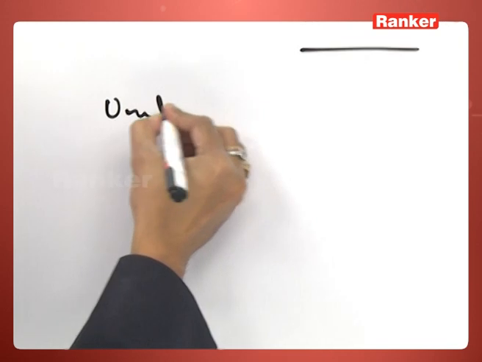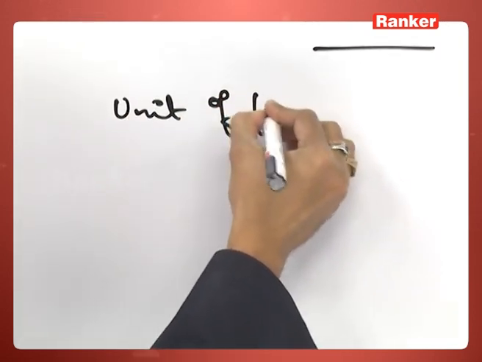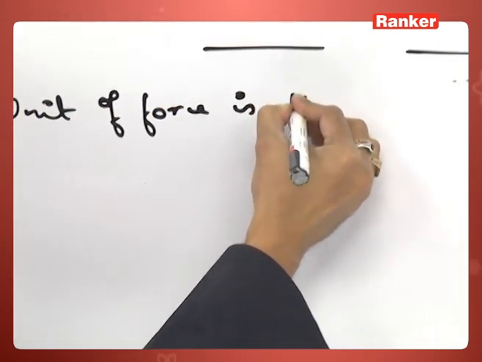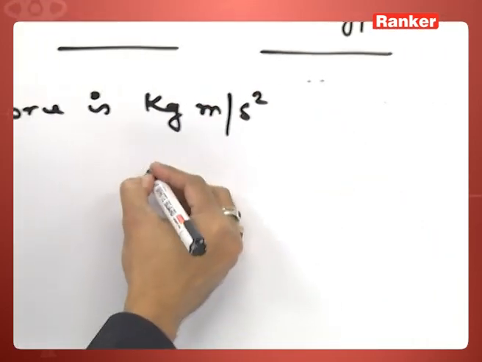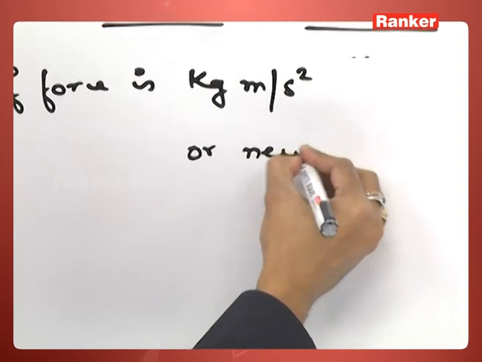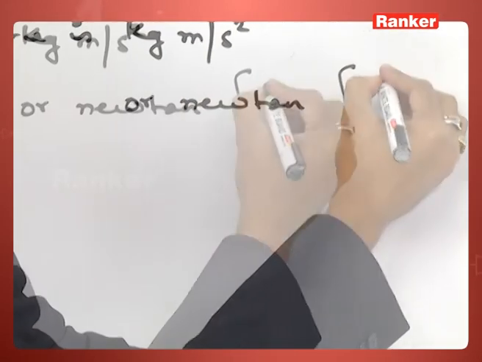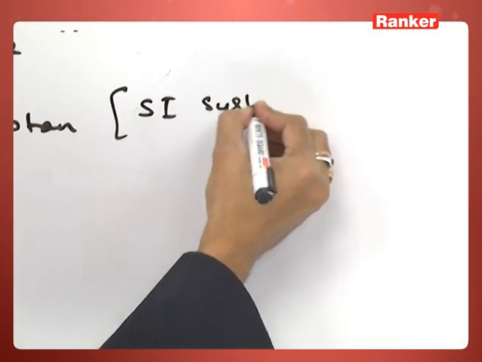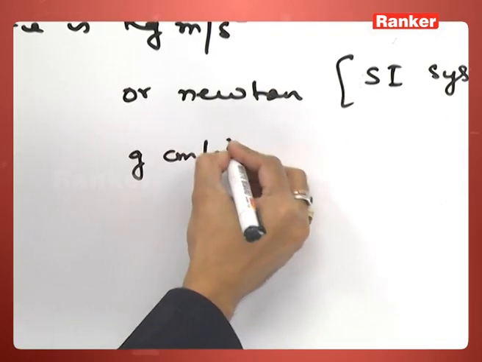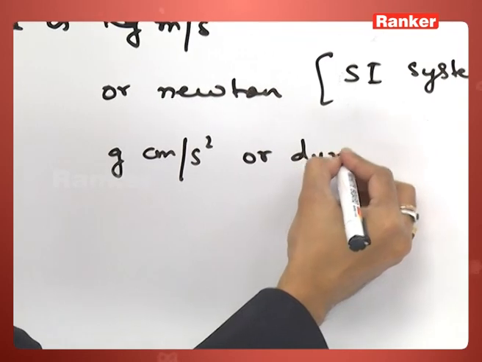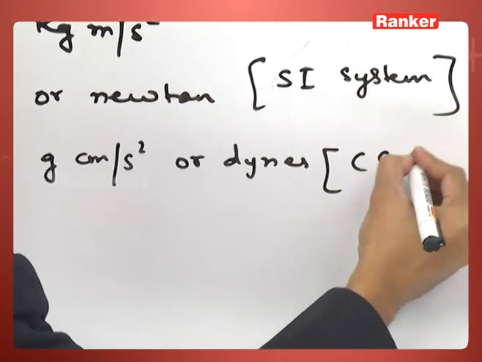Unit of force is kg meter per second square, or we say Newton in SI system, or gram centimeter per second square, or dynes in CGS system.